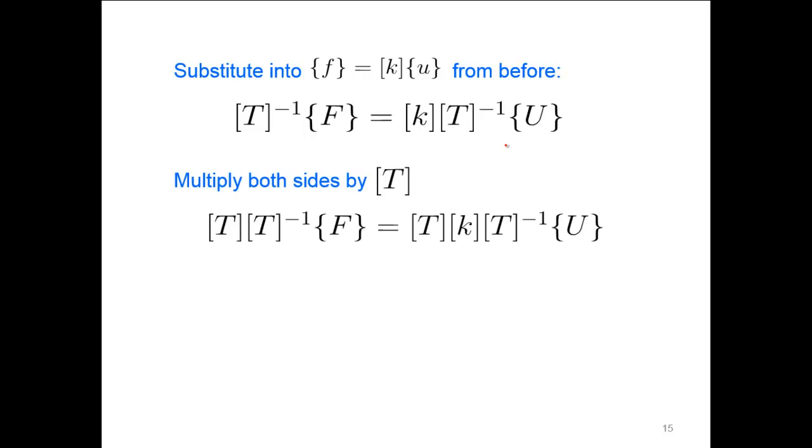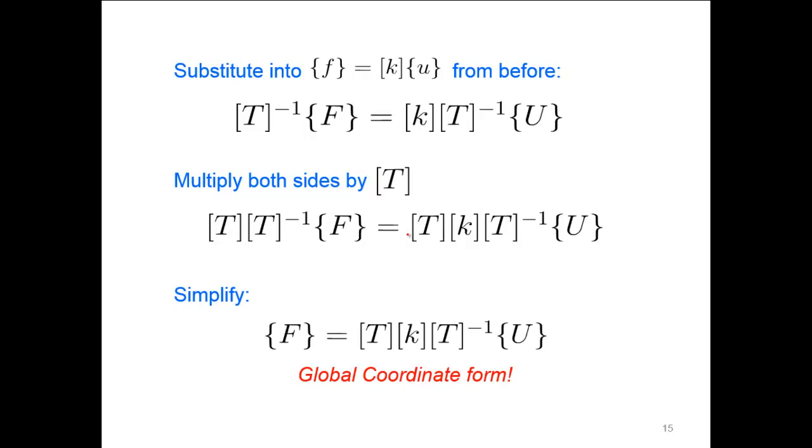Right? Now we multiply both sides by the transformation matrix. We multiply these two together, that's going to give us the identity matrix, and they're going to go away. And again, we're multiplying by the leftmost side to make sure we're consistent on our matrix math. So then we get the transformation there, and so we end up with how we can get the global coordinate form based from our element stiffness matrix. All right, so you'll see what it is on the next slide.